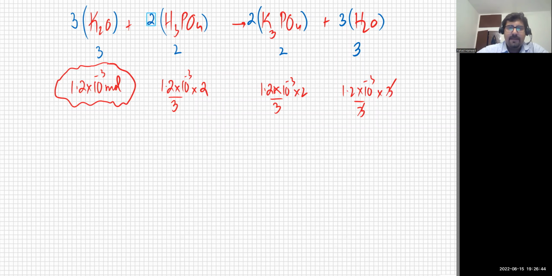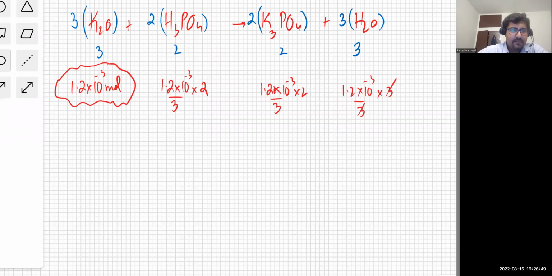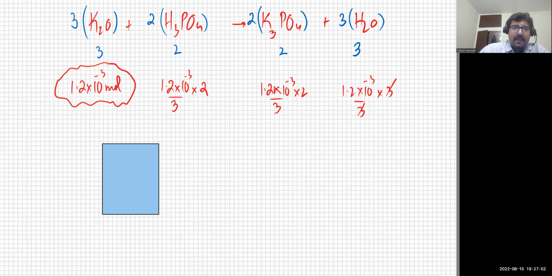So let's imagine I've got a beaker, and that beaker has some sodium in it. I've opened my lab and there's a beaker that contains sodium in it, or any substance.